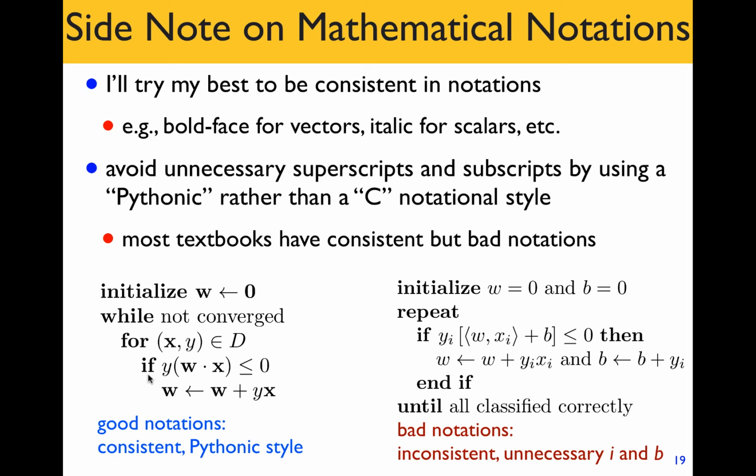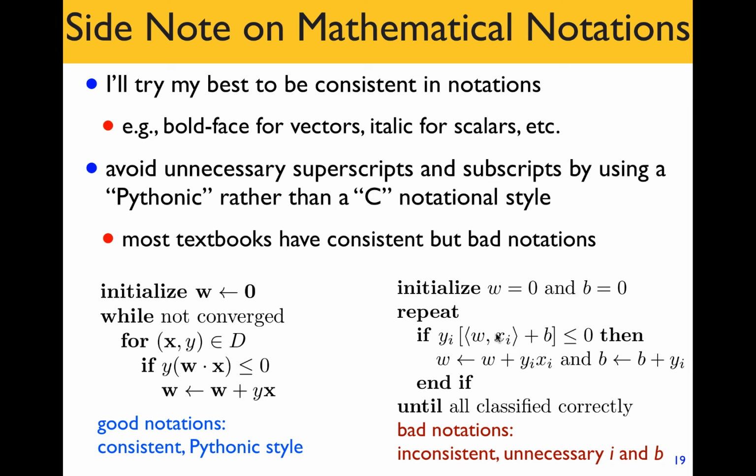On the left, we have good notations, consistent and in Pythonic style. And this one from a textbook is bad notation because it's inconsistent: both vectors and scalars use the same font. That's very confusing, whether xi is a vector or not.